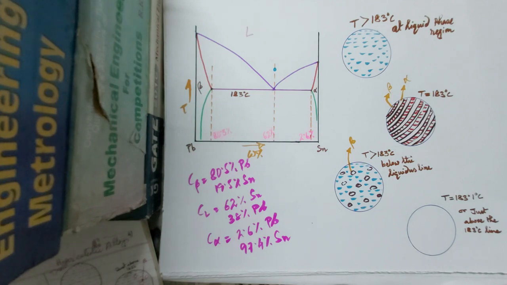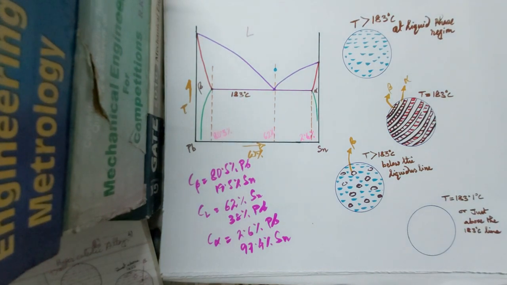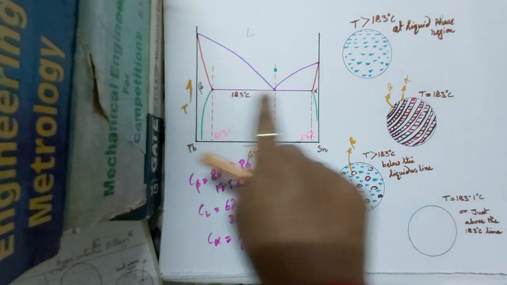Now I shall draw for T equal to 183.1 degree C, meaning just above this line.